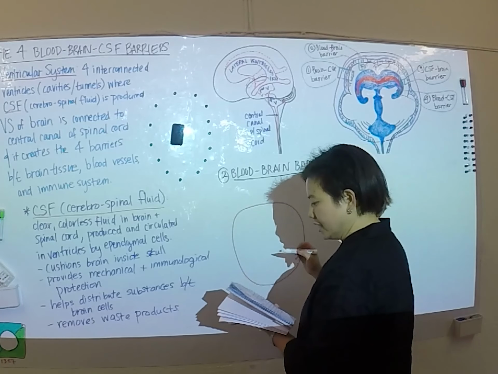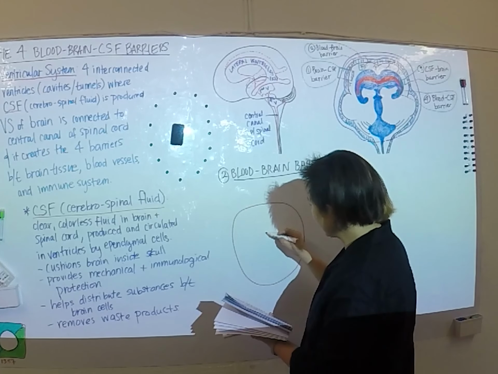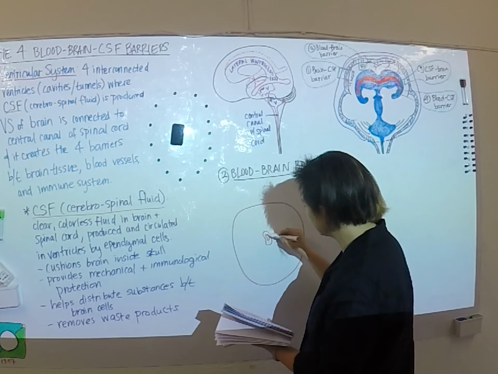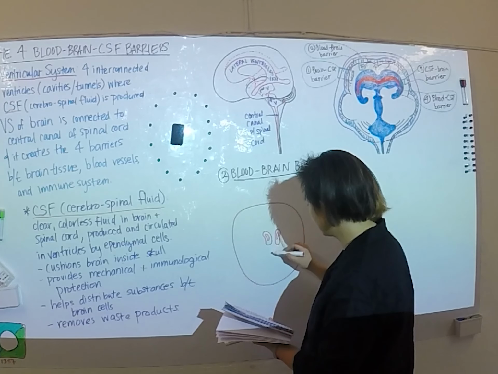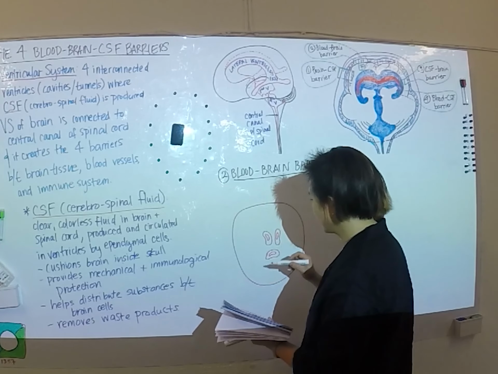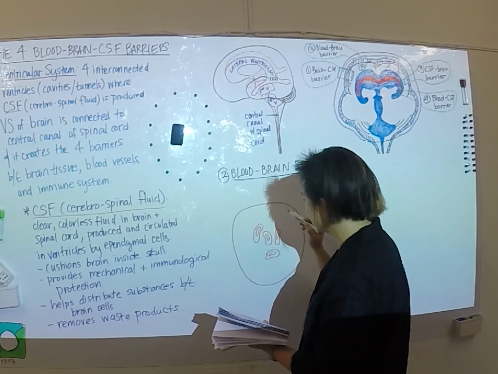All right. So this is our blood vessel. Inside our blood vessel, we've got red blood cells floating around. Okay. So inside here, this is where the blood is.